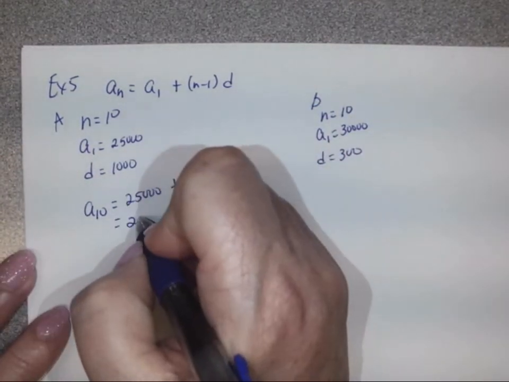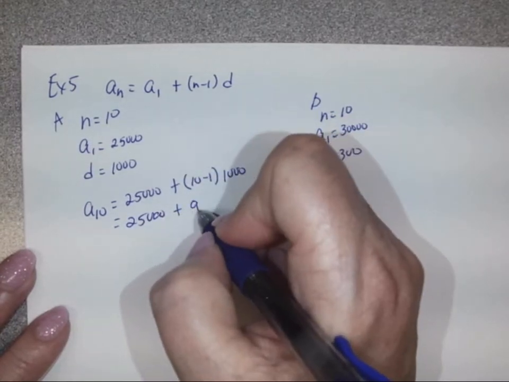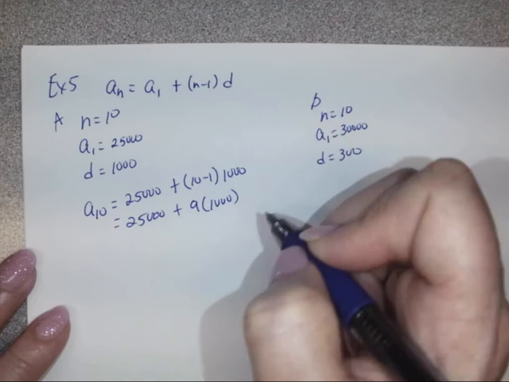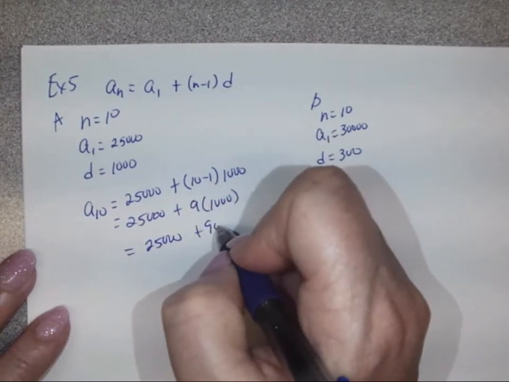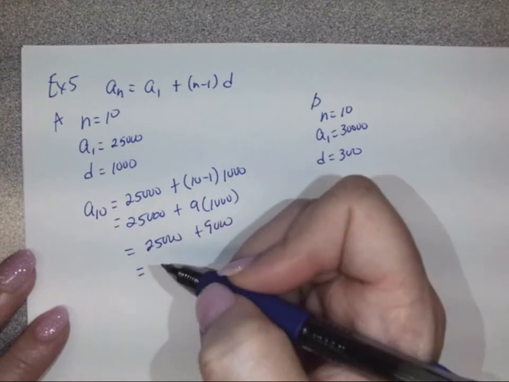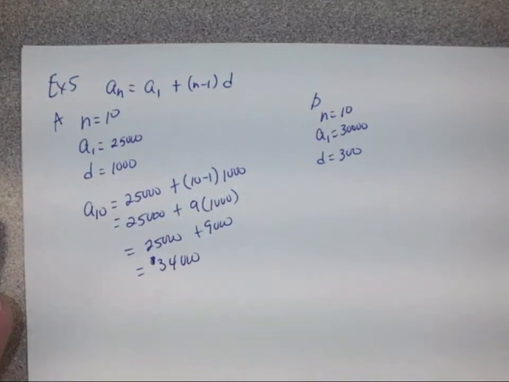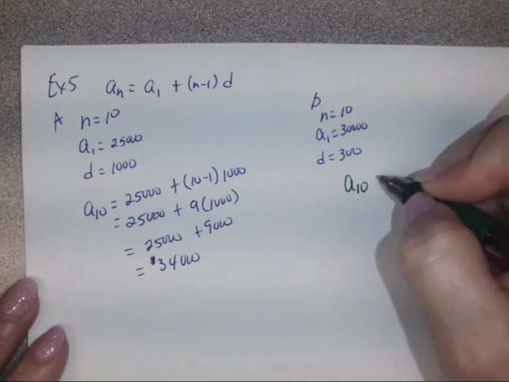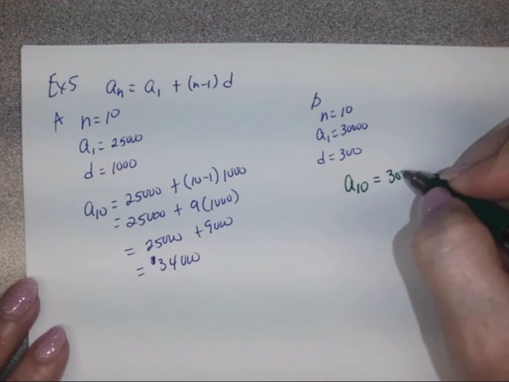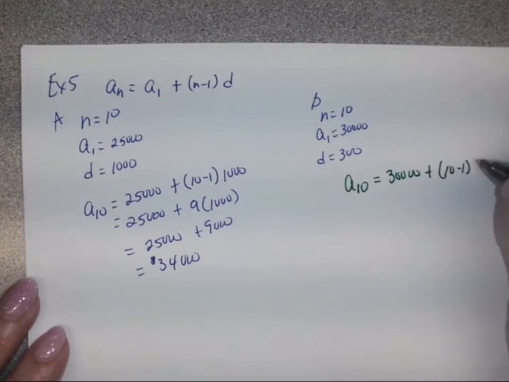So that'll get us 25,000. 10 minus 1 is 9. 9 times 1,000, so 25,000 plus 9,000 will end up getting us 34,000. All right, let's go set up this one. So a sub 10 equals 30,000 plus 10 minus 1 times 300.